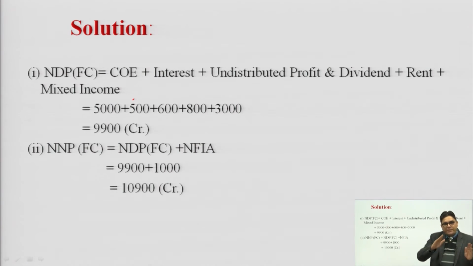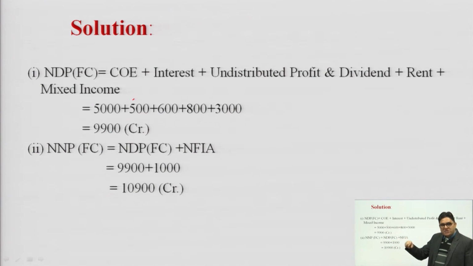To convert domestic into national, what do we need to do? Simply add net factor income earned from abroad. I repeat, by the income method we reach NDP at FC, but the question demands that we reach from NDP at FC to NNP at FC.